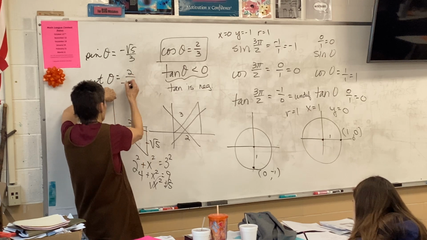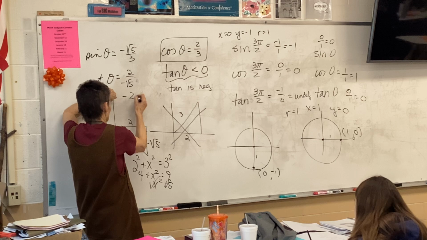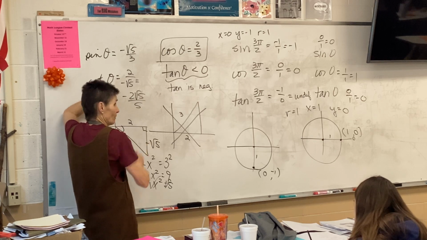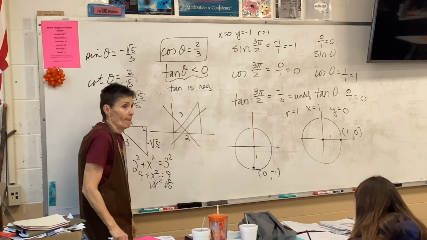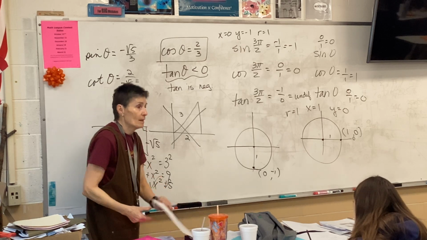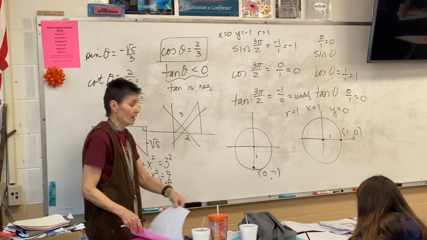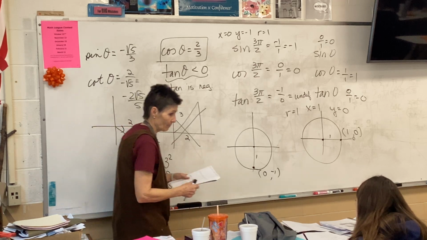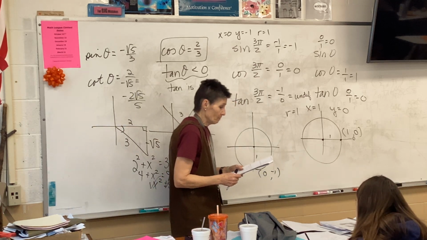So 2 over negative root 5, negative 2 root 5 over 5. There is a lot to think about in this problem.